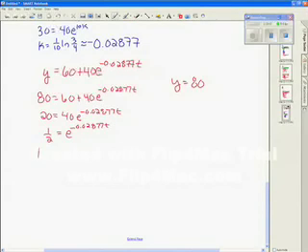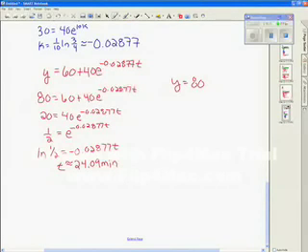Using natural logs, we get the ln of 1/2 equals negative 0.02877t. Or in this case, t is approximately 24.09 minutes. So it took approximately 24.09 minutes to cool to 80 degrees.